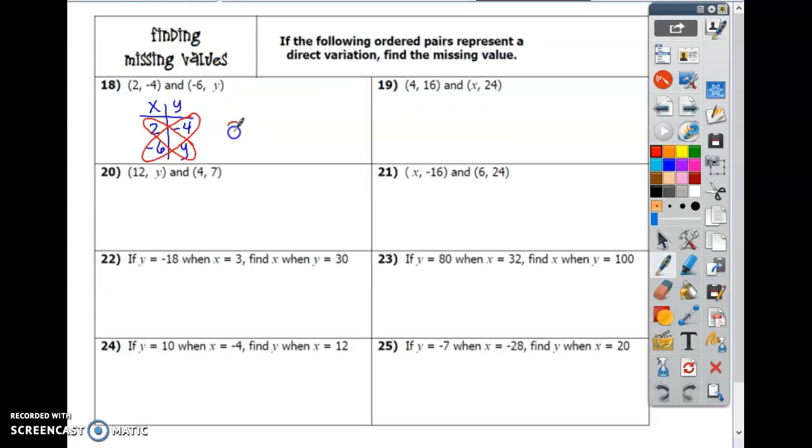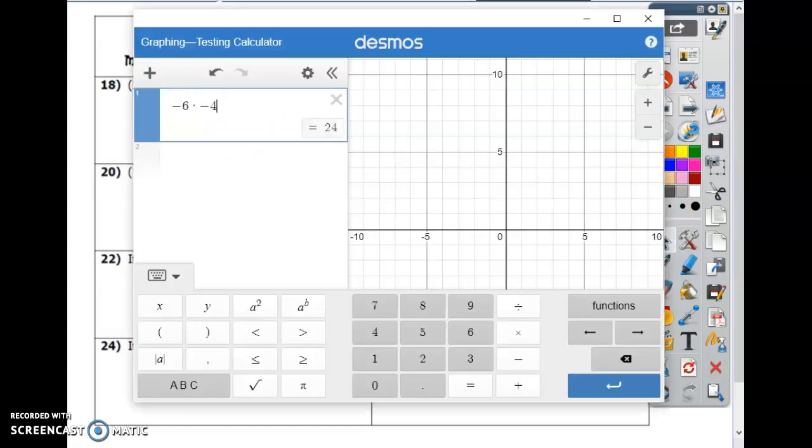So I have 24 equals, and then 2 times y is 2y. That's why now I have to divide both sides by 2. That's why it's called cross multiply and divide. And then divide 24 by 2, and that's going to be what your y should be. 24 divided by 2, which is 12.